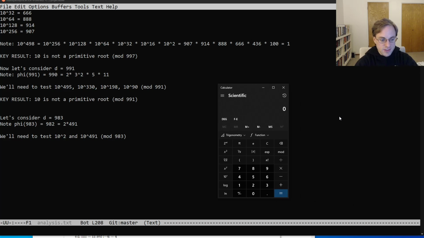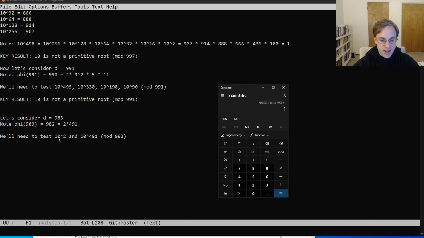Okay, so obviously 10 squared is 100, so we don't have to check that. So 10 to the 491 mod 983 is not 1, it's 982. And you'll notice that if we then square this and do mod 983, then we do get 1 as expected, because 10 to the phi is congruent to 1 mod 983.